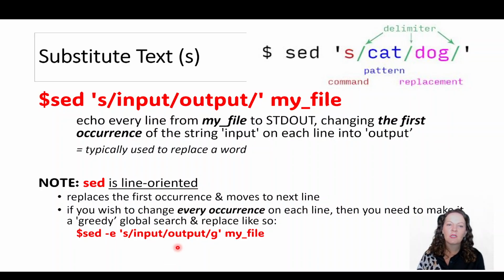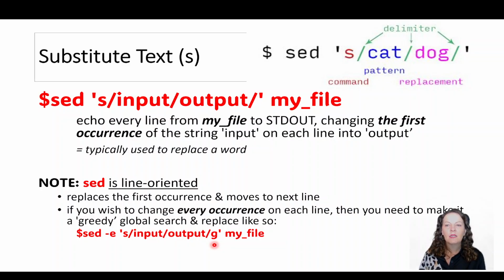If I wanted to do a global change, to be greedy and change every occurrence of the pattern cat with dog, I can add a G to the end of it. That means it's not going to be replacing just the first occurrence anymore. It will do a full swipe through the entire file, and replace all instances of cat, not just the first one.